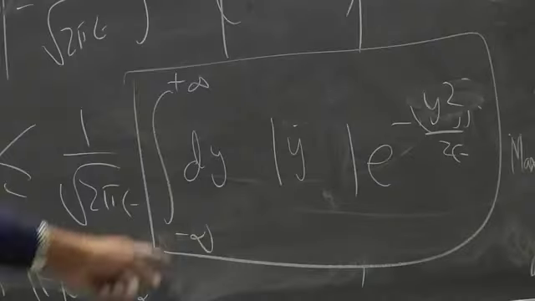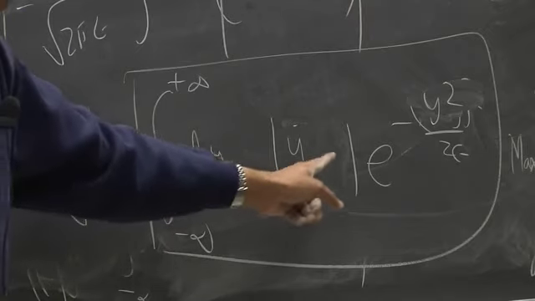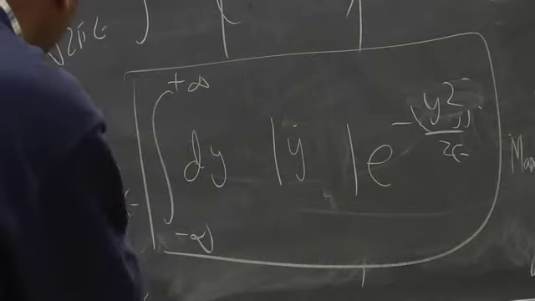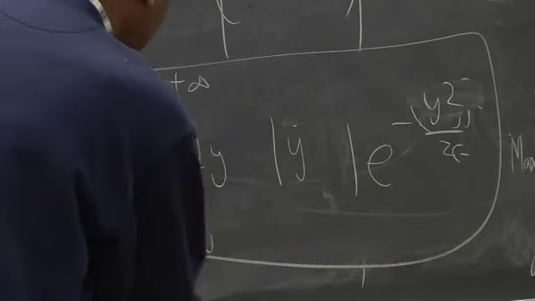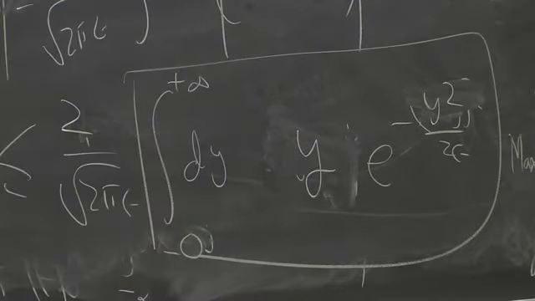Now you can split this integral; this just becomes 2 times the integral from 0 to infinity of y e to the minus y squared over 2 epsilon, because this is the absolute value of y, right? For positive y I can forget about the absolute value, because the absolute value is y.